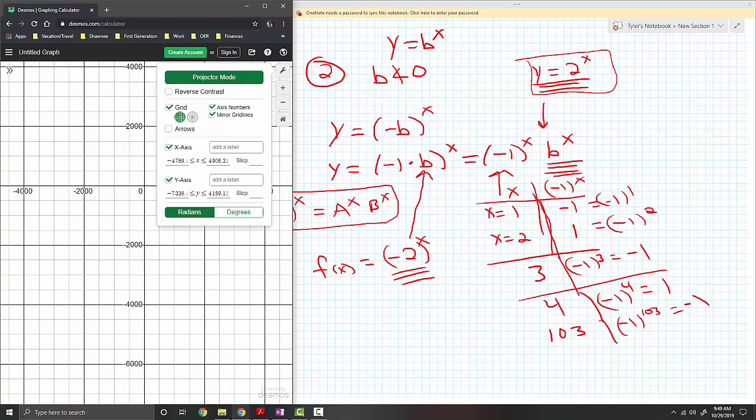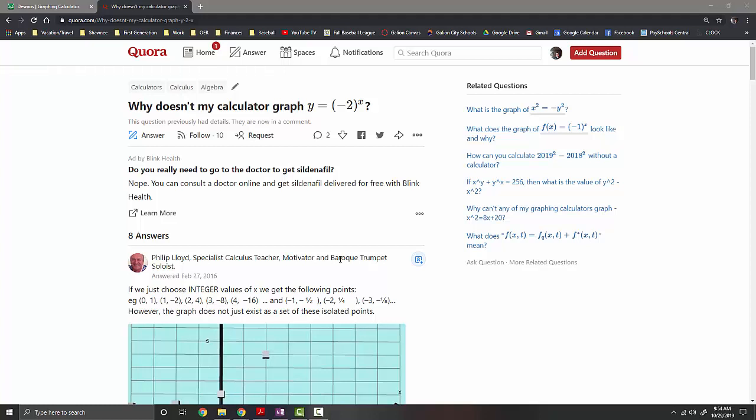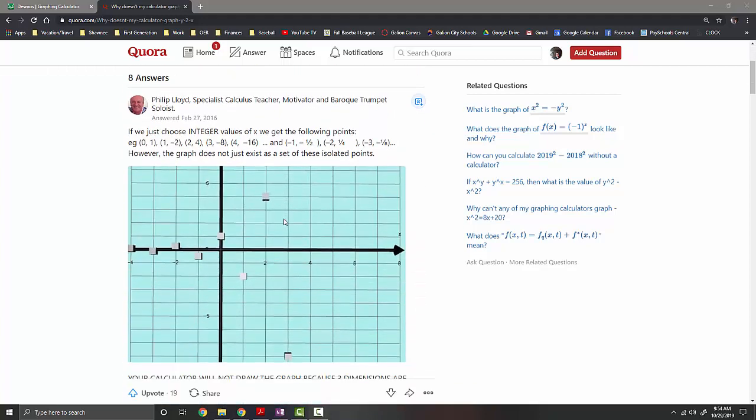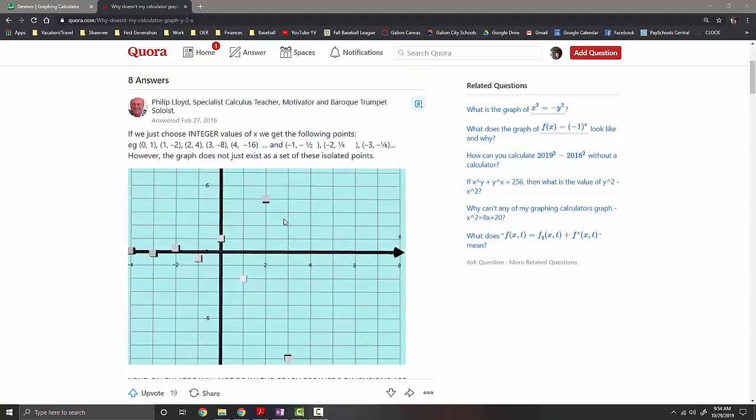Hang on a moment. If you try to plug the function y equals negative 2 in parentheses raised to the x power into your graphing calculator, it's not going to give you a graph. And the reason is it gives you a lot of wonky things that aren't typical when a graphing calculator is trying to graph something.